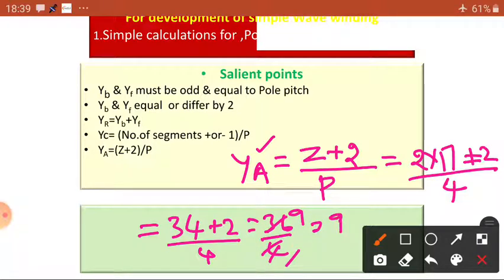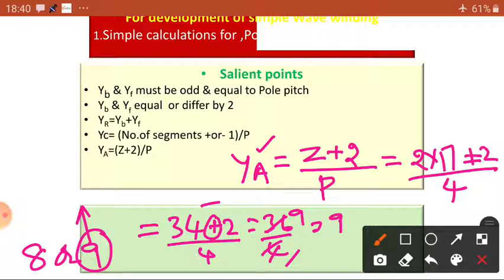Or sometimes the minus value, 34 minus 2, so 32 by 4, this is 8. That means 8 or 9 as the average pitch, but we prefer only an odd number, so we will take 9 as our average pitch.